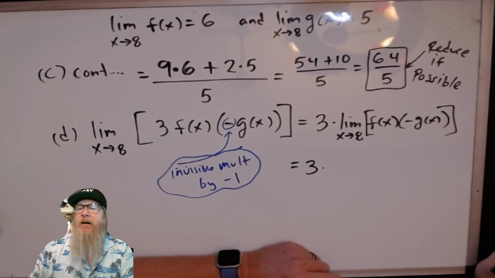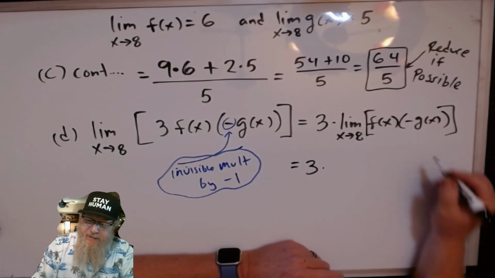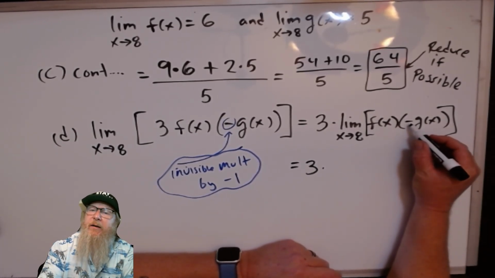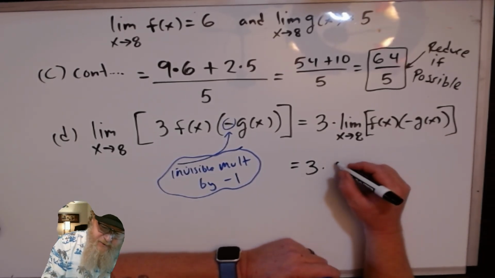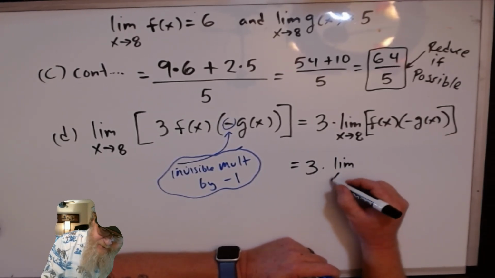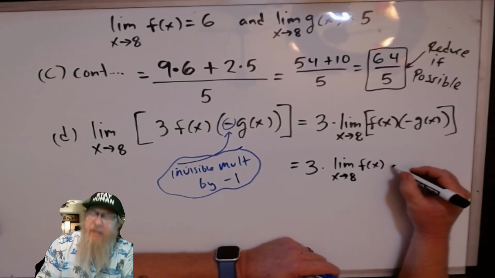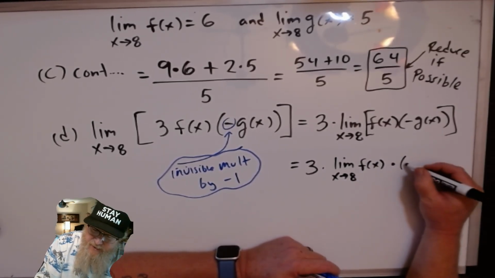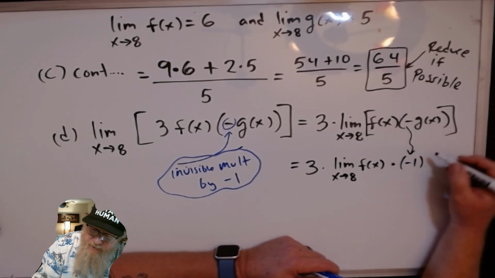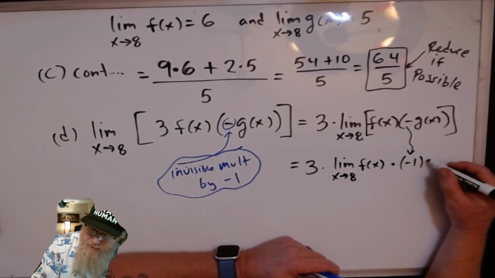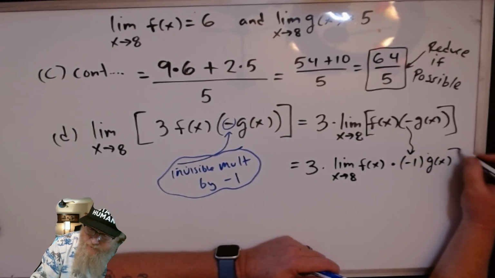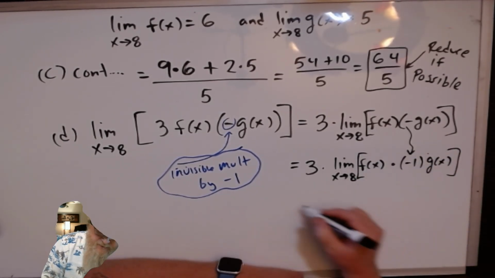And now I've got to be careful, okay? This is an invisible -1. So this is going to be the limit as x approaches 8 of f of x times an invisible -1 times the limit. Well, first it's just going to be g of x.